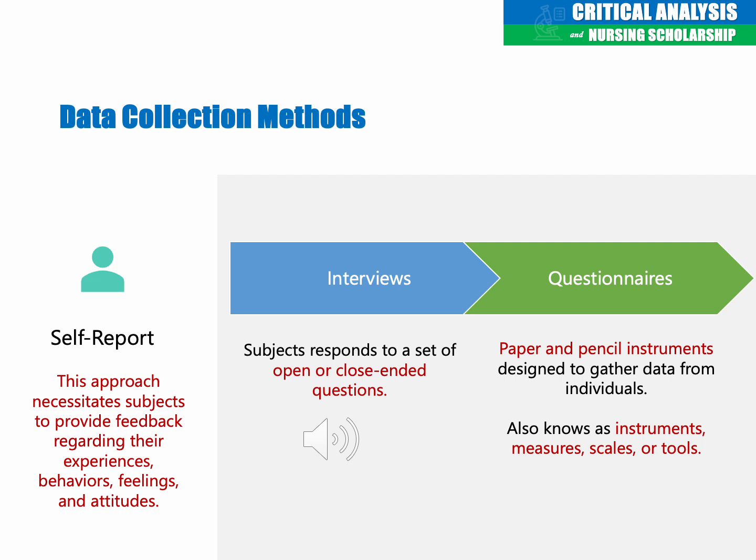Now, what are the challenges when it comes to using self-report data collection method? First is social desirability bias. What do we mean by social desirability bias? In here, our participant may underreport symptoms or may underreport their experiences or may underreport their stress, for example, so that they will appear as competent and as healthy as possible.